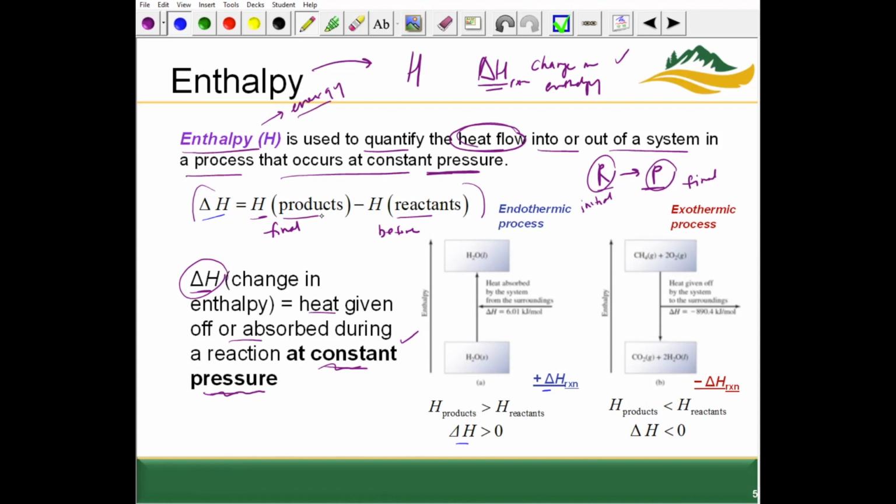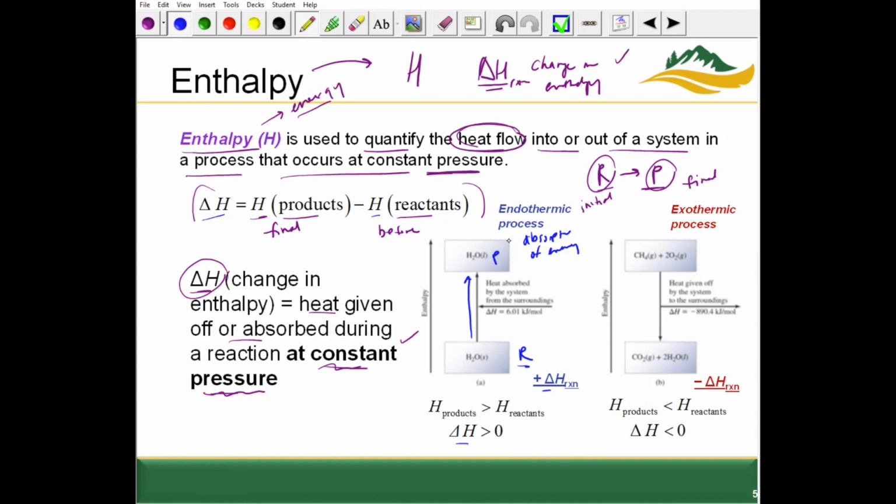Is the energy or the enthalpy higher for the reactants or higher for the products? So reactants start out at some state for an endothermic process. We know there is an absorption of energy for an endothermic process. If the reactants absorb energy in that endothermic process, the products are going to end up at a higher energy and a higher enthalpy.